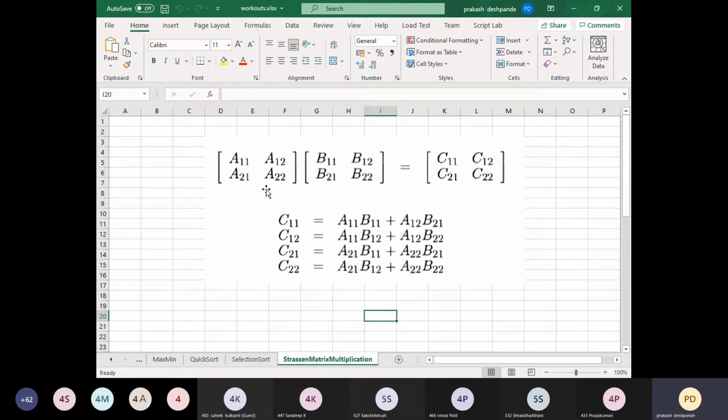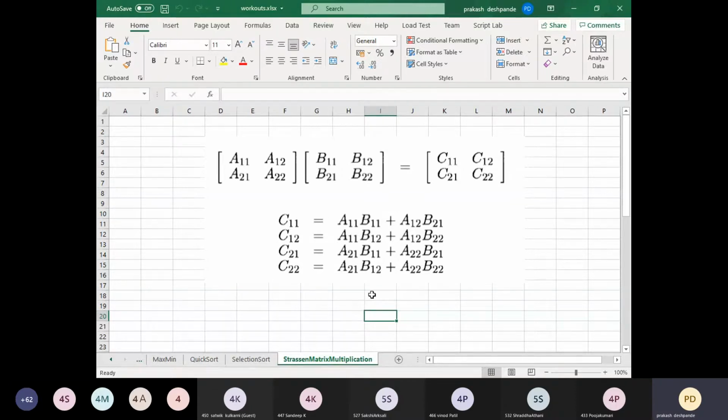Now, this is what we have discussed just now. If there is a square matrix A and B consisting of 2 rows and 2 columns, we can arrive at the resultant matrix, which will also consist of 2 rows and 2 columns. These are the formulas for the traditional method, which involves 8 multiplications and 4 additions.